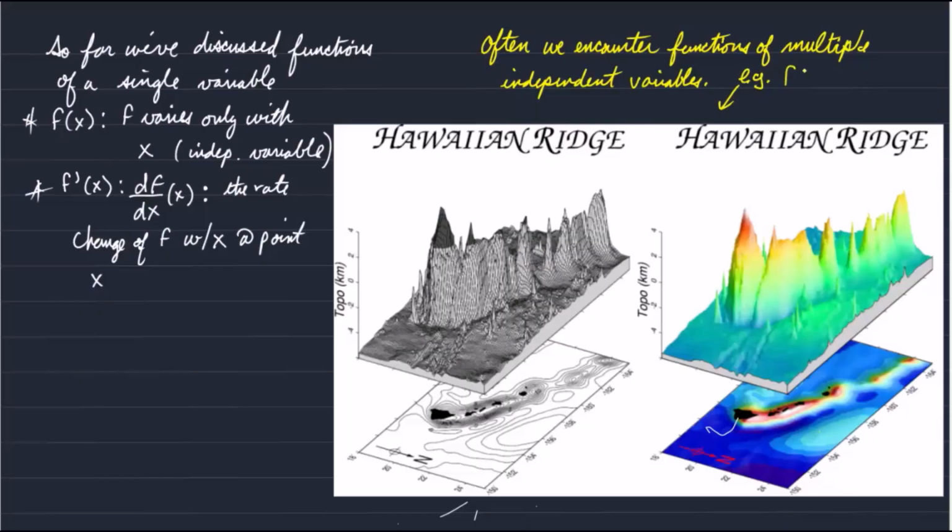So in this case, f is a function of x and y. F is now a function of x, which, for example, could be latitude, and y, which could be longitude, and f is the topography. In this case, around the Hawaiian Ridge. And I've displayed this data a number of different ways.